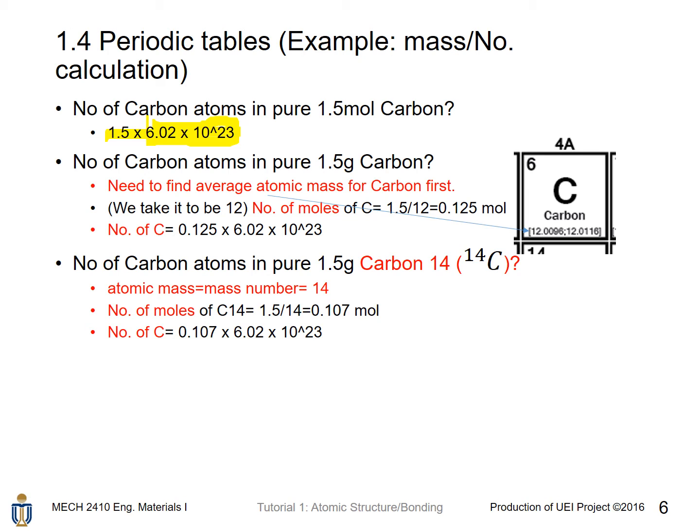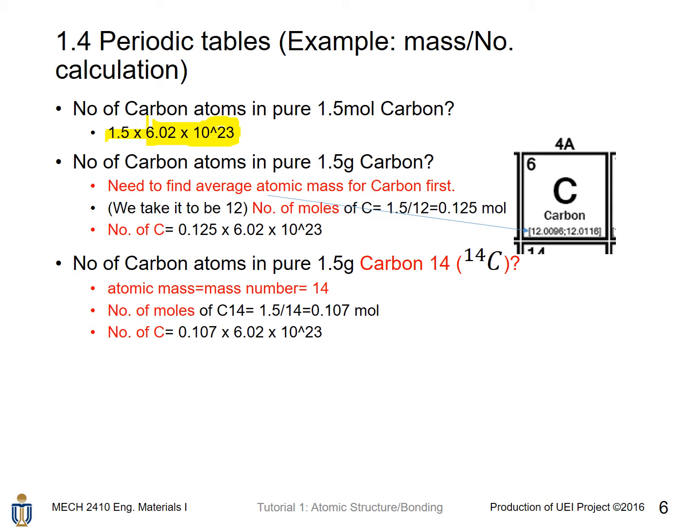How about the number of carbon atoms in pure 1.5 gram carbon? First, we need to find the average atomic mass for carbon. Because the difference is very, very small, we just take it to be 12. And the number of moles of C is equal to 1.5 over 12. 1.5 is in grams, and 12 is in AMU, which is equal to gram per mole.